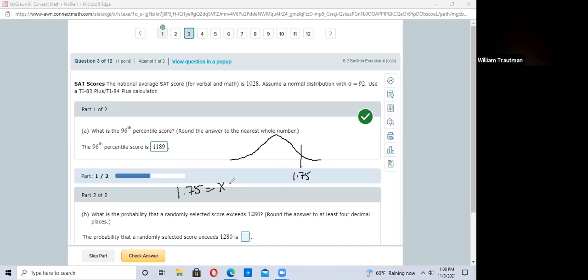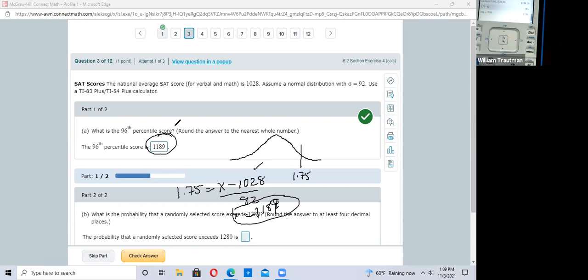The average, oh, I think I typed in the wrong average. The average was 1028 and the standard deviation was 92. I used the wrong number, or maybe a decimal instead. So it's 1.75 times 92, and then I add 1028, and I do get an x value of 1189. So we get the same thing here.